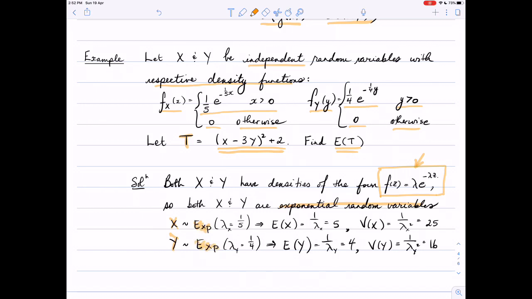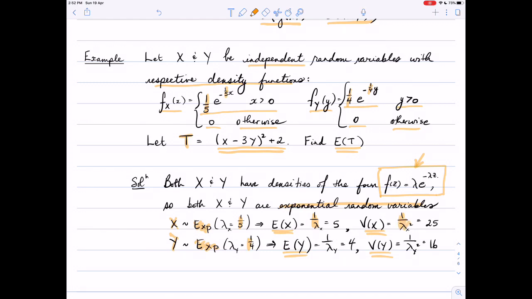The lambda for x is 1/5. The lambda for y is 1/4. And then we have to remember little theorems that you had in your previous course. The expected value of an exponential random variable is 1 over lambda. The variance of an exponential random variable is 1 over lambda squared.